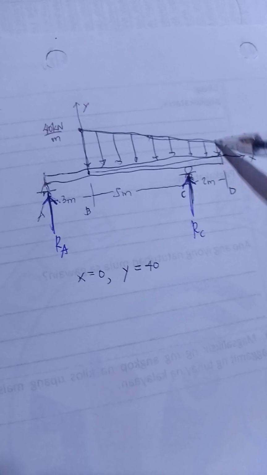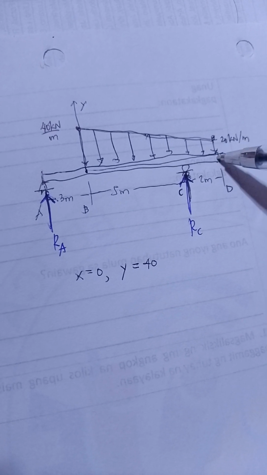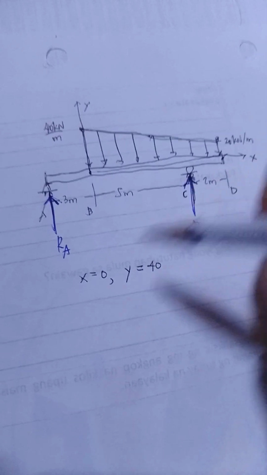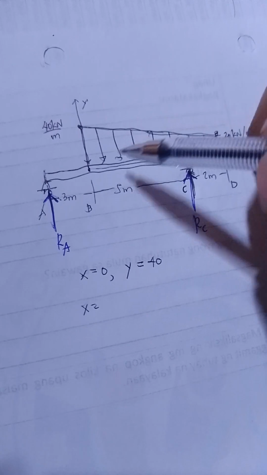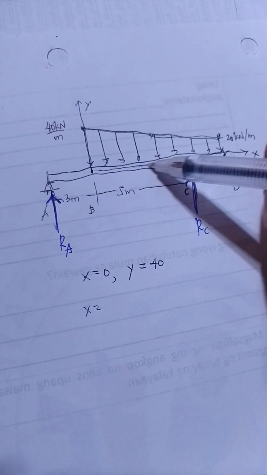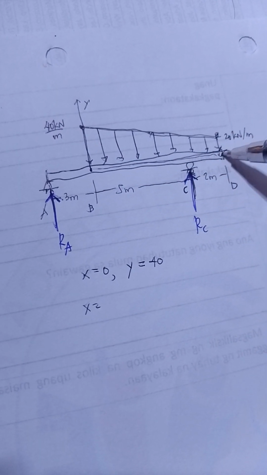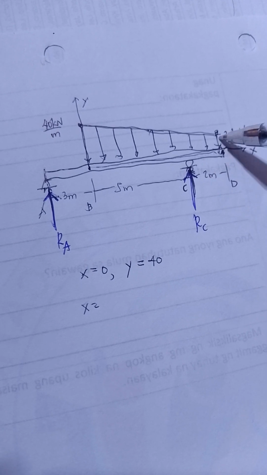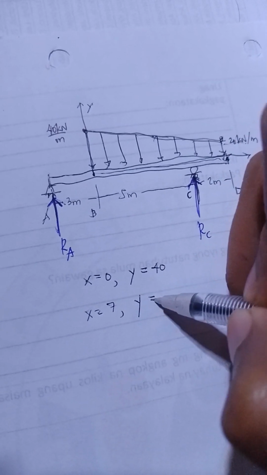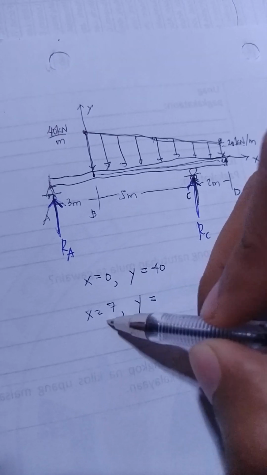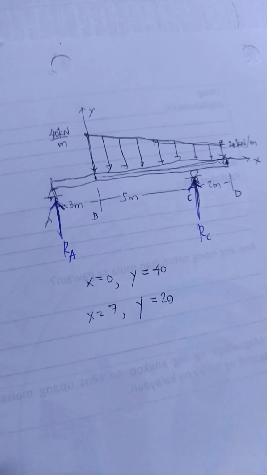And at x equals 7, we run to the right 7 meters, we got 20 kilonewton per meter. So at x equals 7, y is equal to 20.